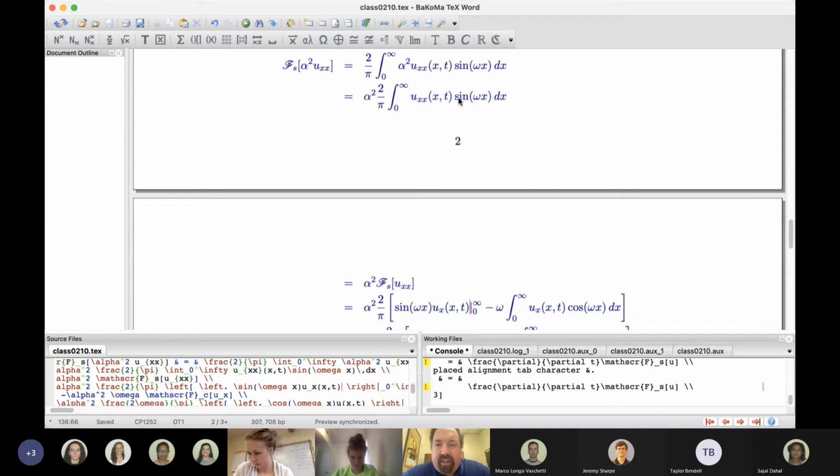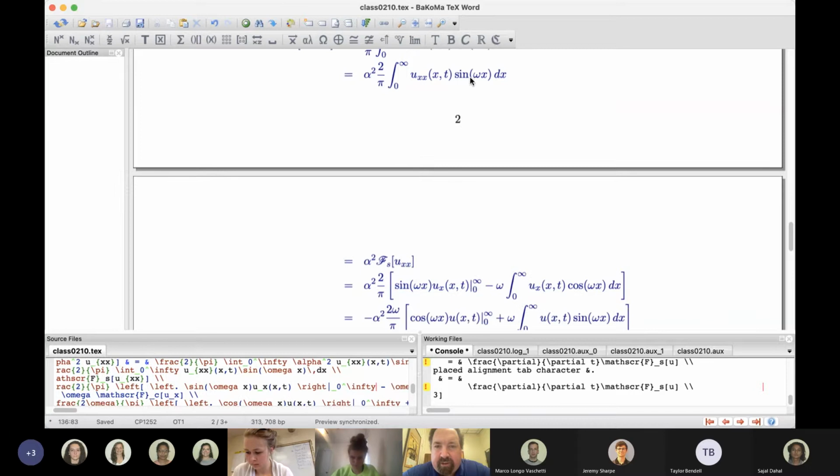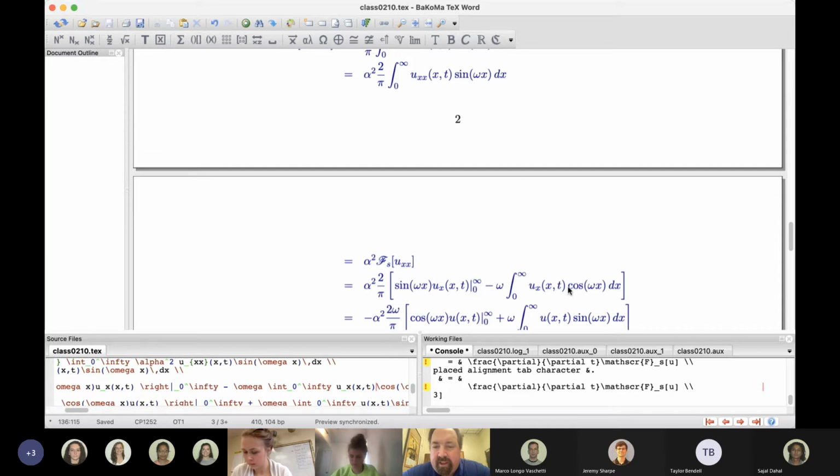And then the rest of the integrand, that is the u from the integration by parts formula, so that is my sine omega x. So these are the boundary terms from my integrand. And then I have minus the integral of v and then du. I'm taking a derivative of sine omega x, which is where this factor of omega comes from.